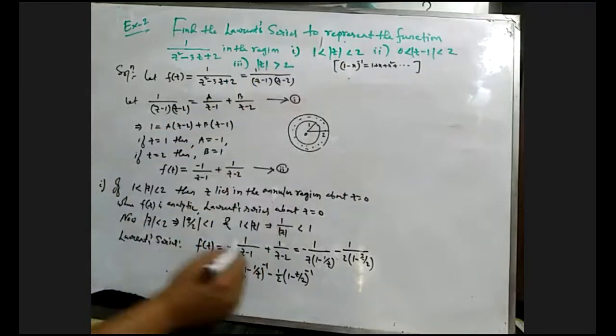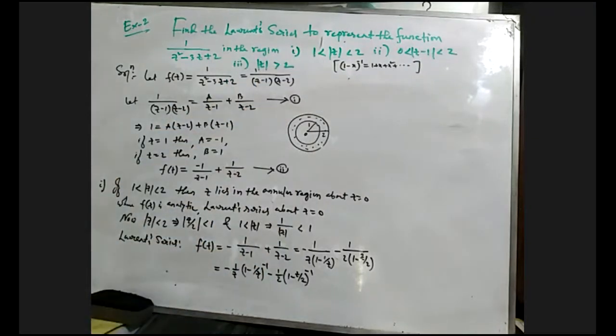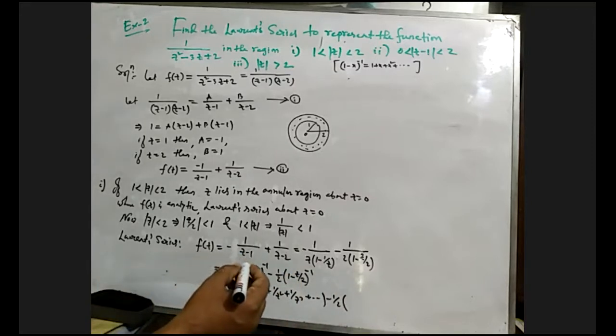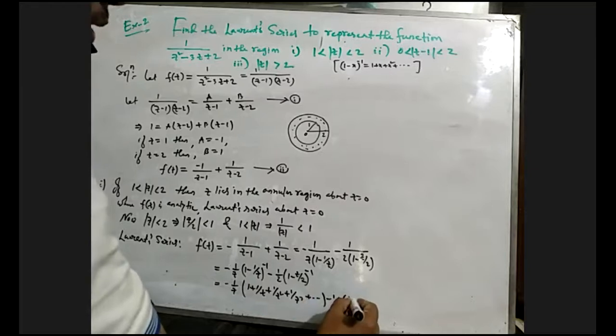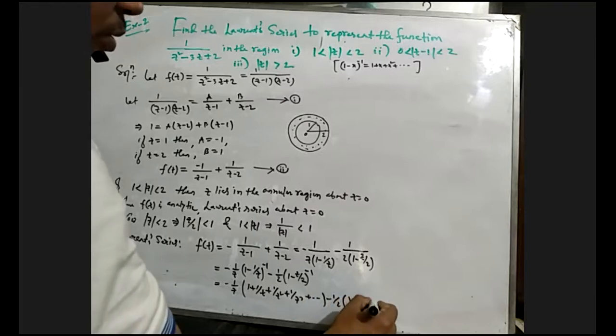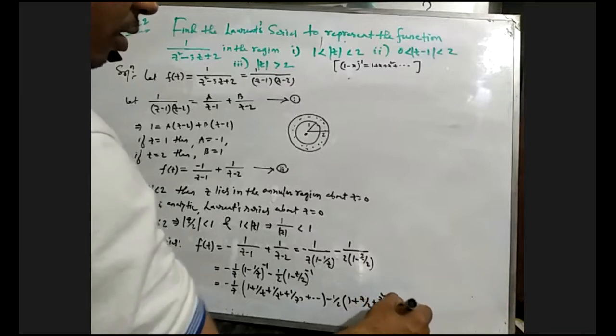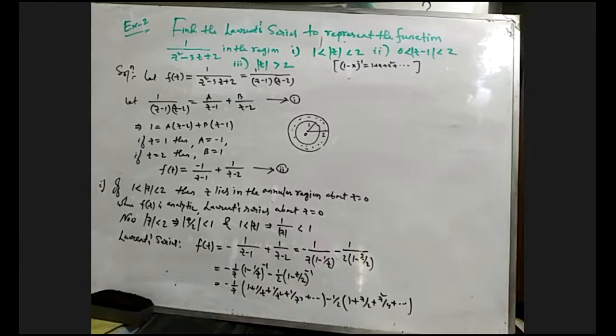Using this here, we can find 1 by z times (1 plus 1 by z plus 1 by z square plus 1 by z cube and so on). Similarly, for the second one, (1 minus x) to the power minus 1 gives 1 plus z by 2 plus z square by 4 plus and so on up to infinity.